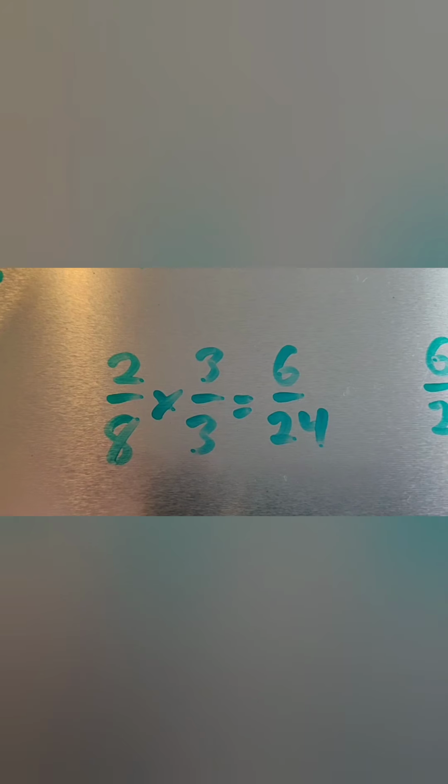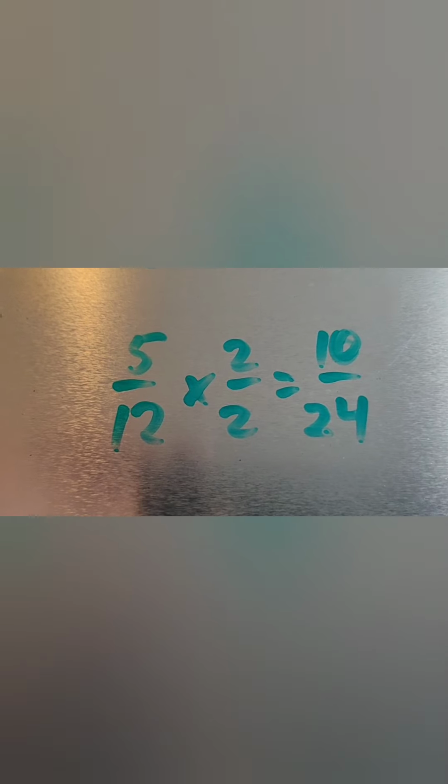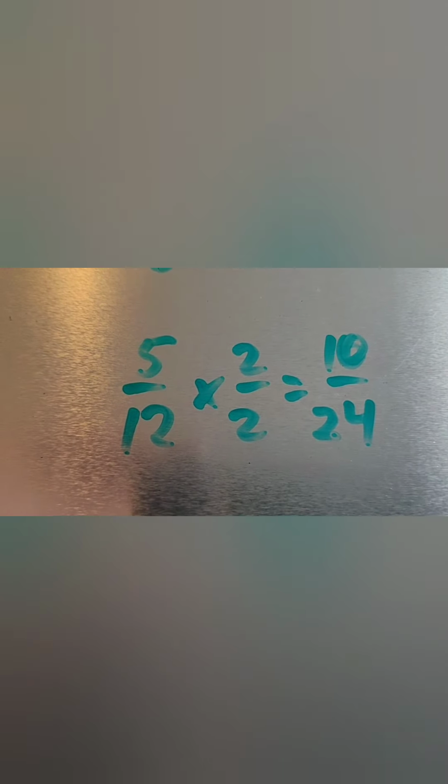So 6/24 is less than 10/24. 6/24 is equivalent to 2/8, so let's write the 2/8 below the 6/24. And 5/12 is equivalent to 10/24, so let's write the 5/12 under the 10/24.